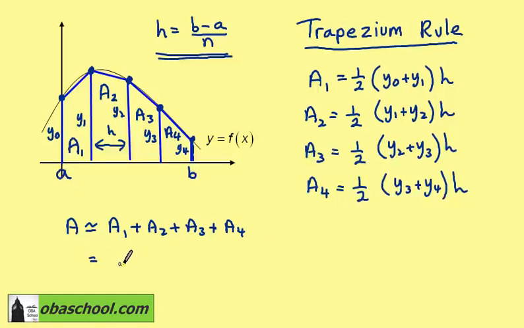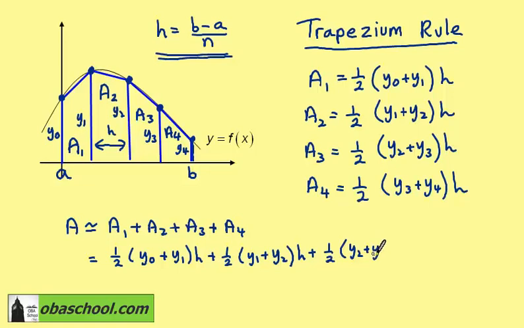And this is going to be equal to a half of y0 plus y1 times h plus a half of y1 plus y2 times h plus a half of y2 plus y3 times h plus a half of y3 plus y4 times h.